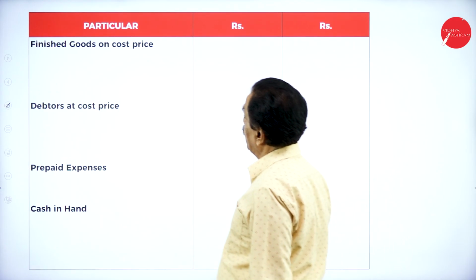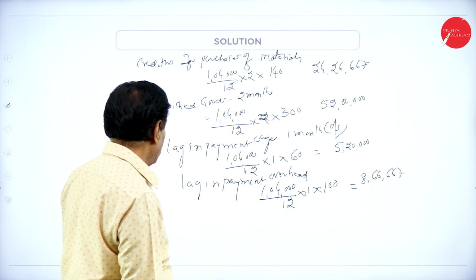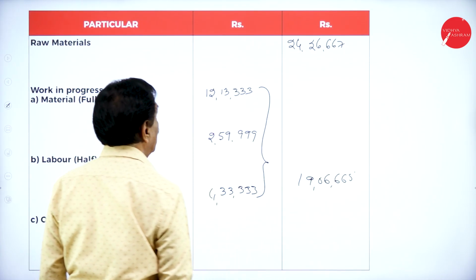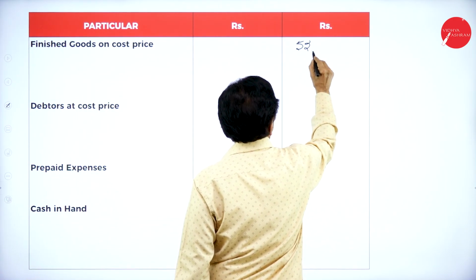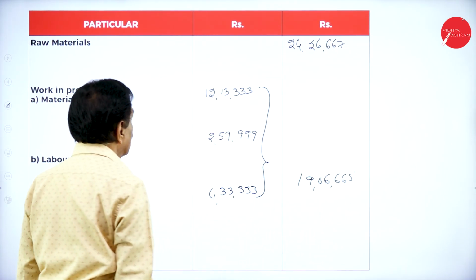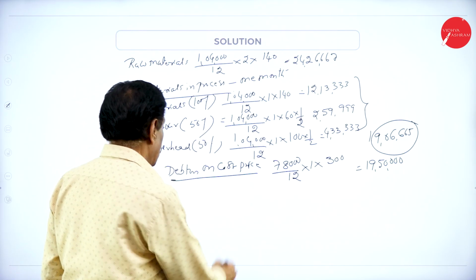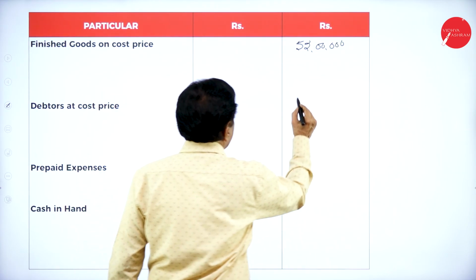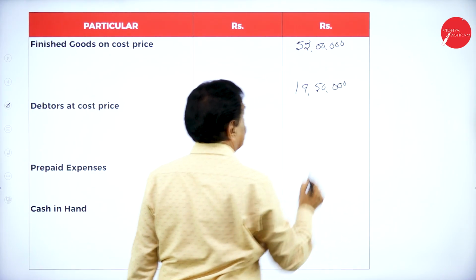Then finished goods. Come back to finished goods. Finished for 2 months, 52 lakh. Then debtor 19 lakh 50,000, as per working notes.